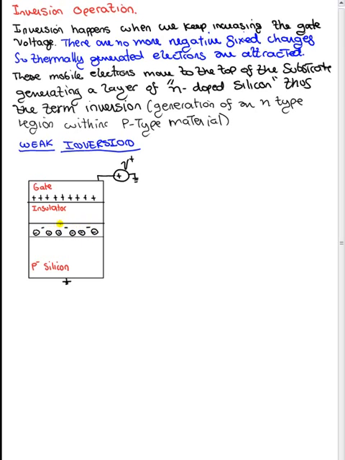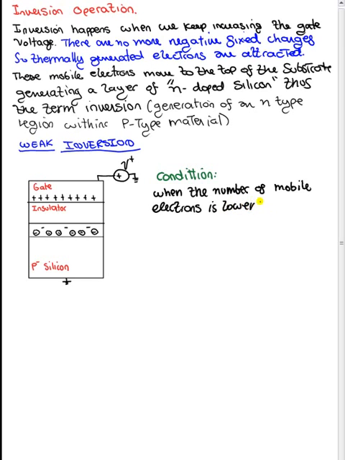The condition for weak inversion is the following: when the number of mobile electrons is lower than the number of fixed charges, we are in weak inversion.